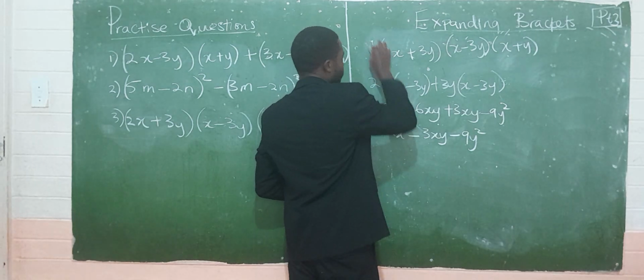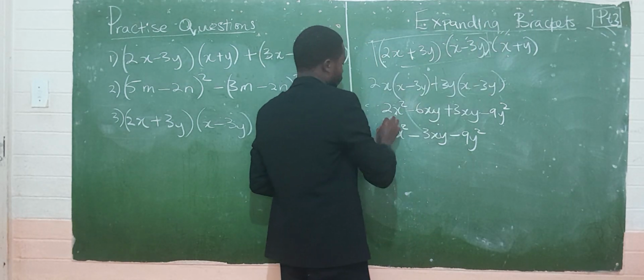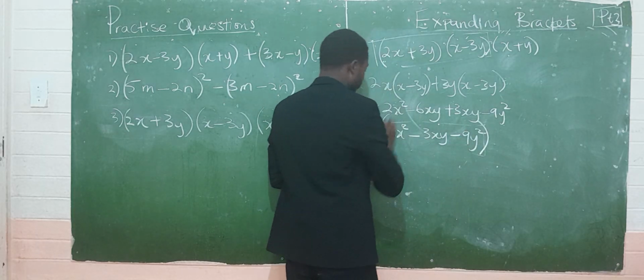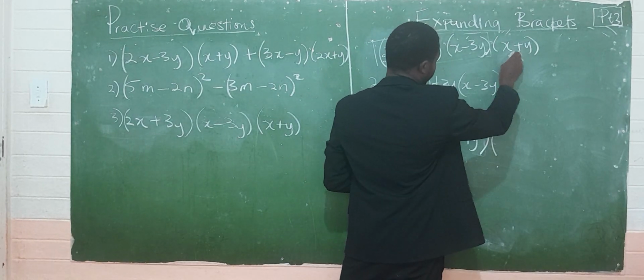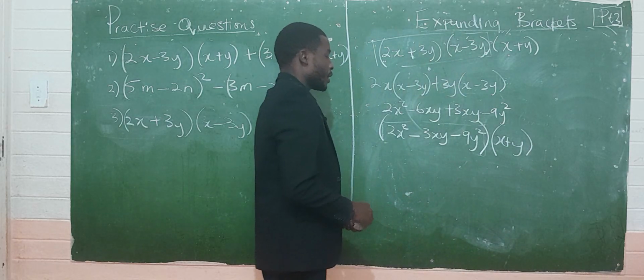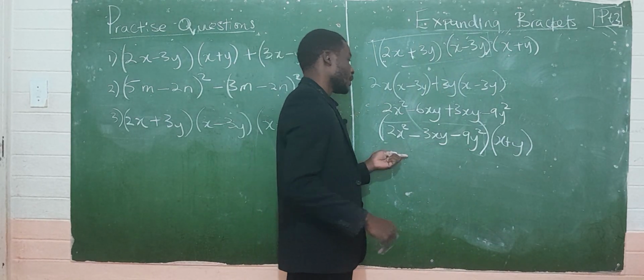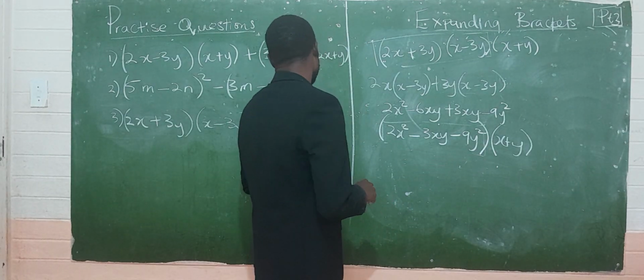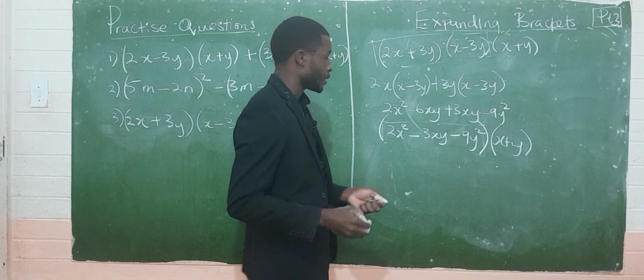In other words, this multiplied gives me that, and it is now this that I have to multiply by that. And remember, every term that's in this bracket has to multiply every term that is in that bracket, which is easy.